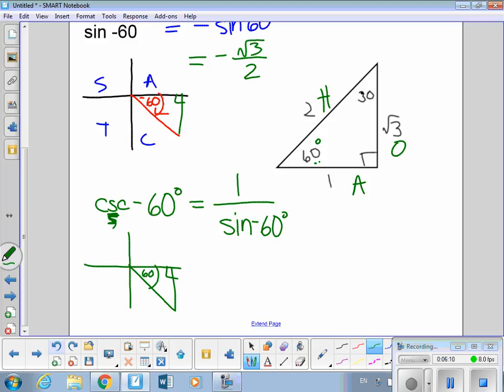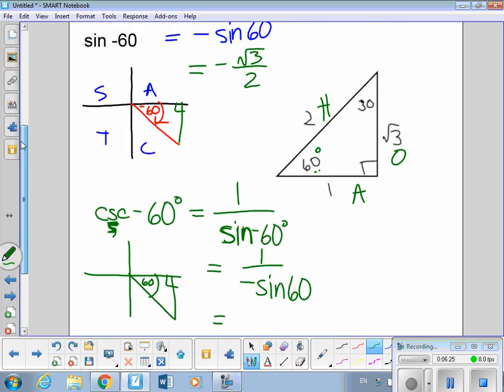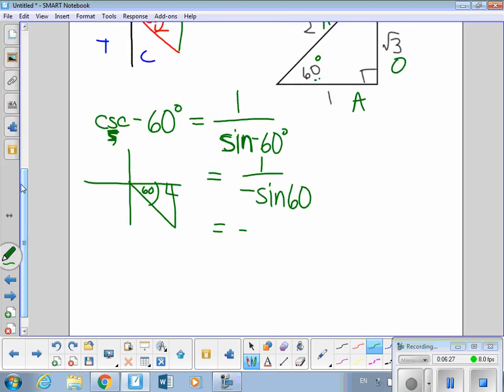Cosecant of negative 60 is related to sine of negative 60, which is related to 1 over negative sine of 60. So you could do it that way and substitute in the answer we got before, which was negative square root 3 over 2. The difference is this is over 1, which means I would have to reciprocate it to get rid of the fraction over the fraction, and I end up with negative 2 over square root 3.